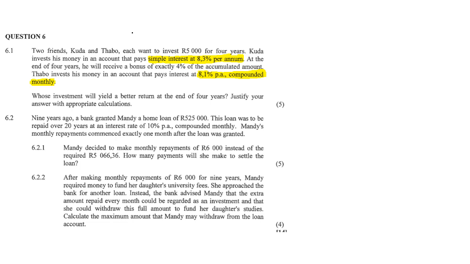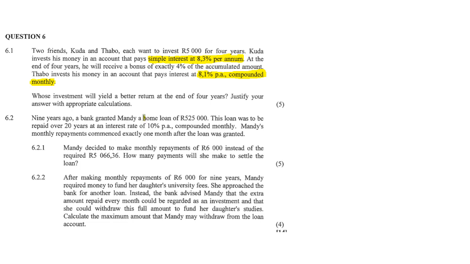It says that 9 years ago, a bank granted Mandy a home loan of 525,000 Rand. This loan was to be repaid over a 20-year period at an interest rate of 10% per annum compounded monthly.